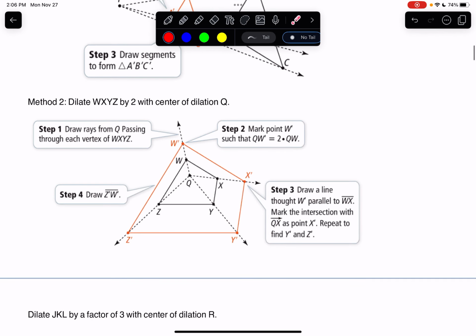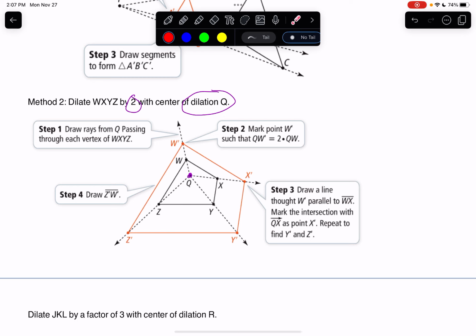We can also dilate a different way. This would be a dilation if the center of dilation was inside of the shape. And in here, the center of dilation is point Q, which is inside the pre-image WXYZ. This one says dilate by 2, so the scale factor is more than 1, which means that the shape is getting larger. The distance from the center to point W gets doubled.